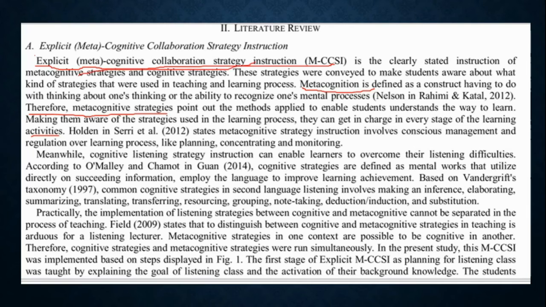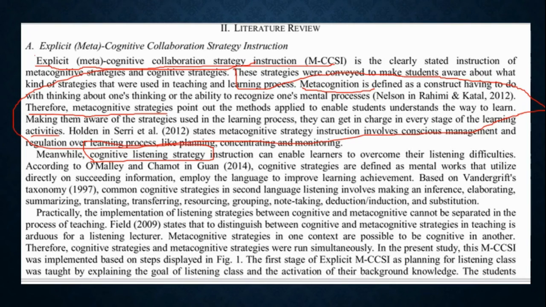So this position in the literature review is talking about other articles, a synthesis from other articles, talking about metacognition or metacognitive. Meanwhile, this is talking about cognitive listening strategy. On the other hand, instruction can enable learners to overcome their listening difficulties.